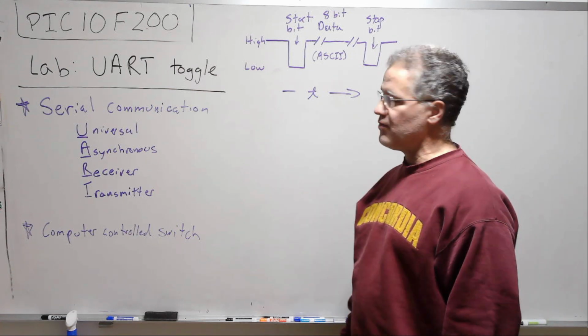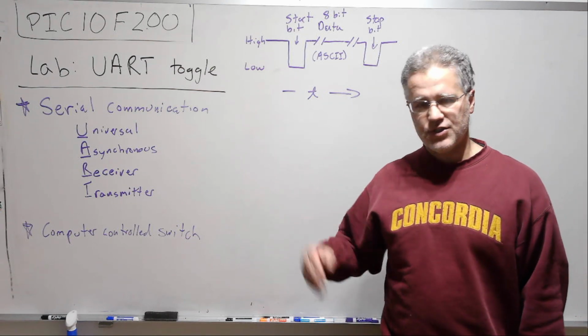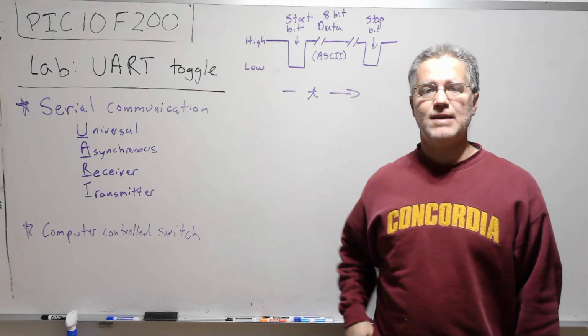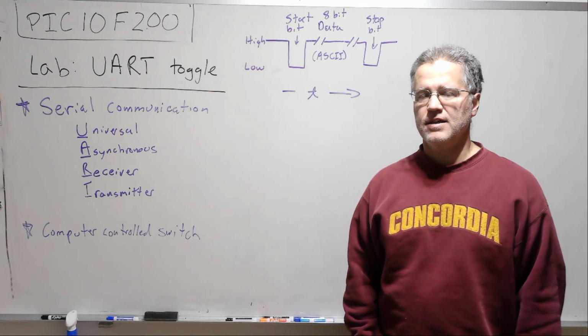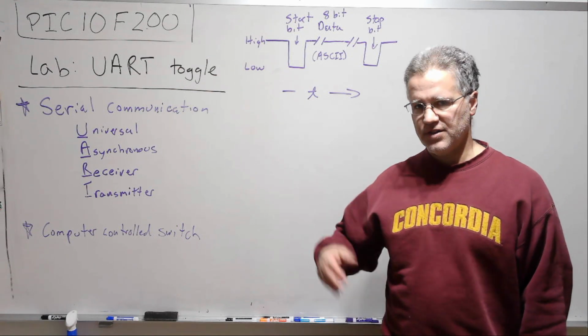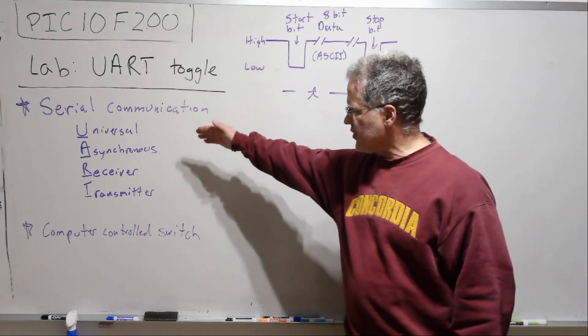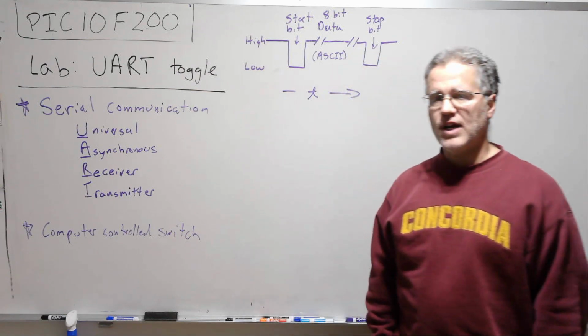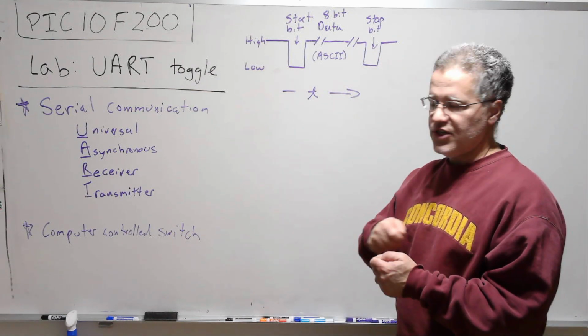And so basically what we're going to be able to do is just send an impulse, usually just a keyboard hit, from the computer to the PIC via the COM port through UART, or Universal Asynchronous Receiver-Transmitter protocol, which is a serial communication.